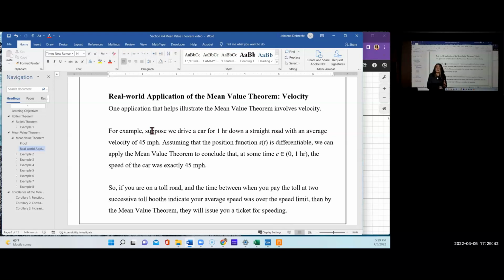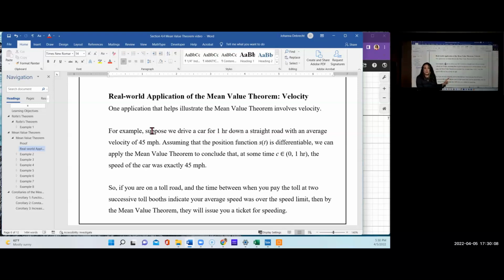So that means that we can apply the mean value theorem, which means that if your average velocity was 78 and the speed limit was 70, then the police officers know without a doubt, without being there and with no radar gun, that at least one time you were driving 78 miles per hour, and you get a ticket in the mail.